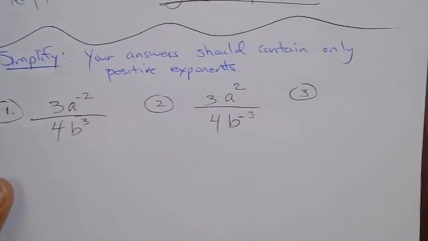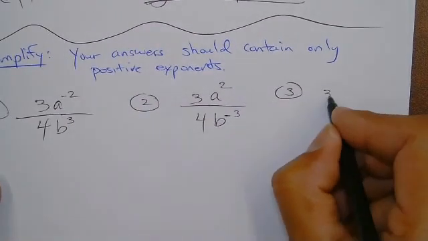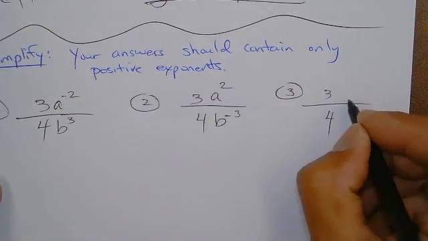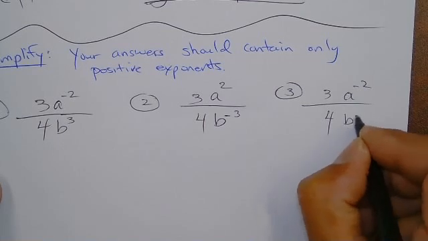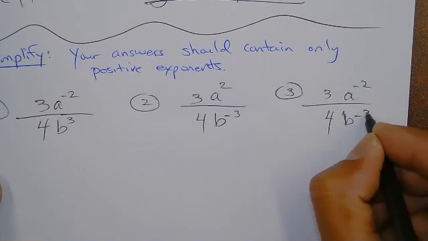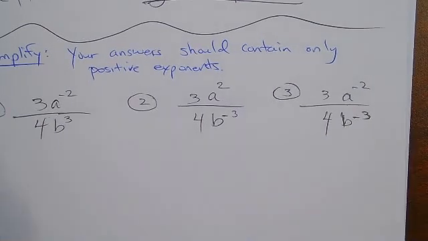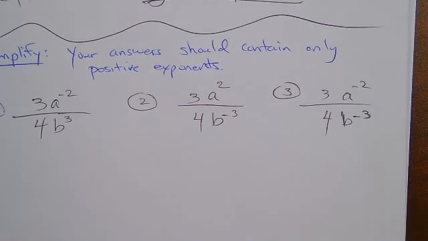Number 3. 3, 4, a negative 2, b negative 3. What the? After these three examples, you're going to be experts. Okay?